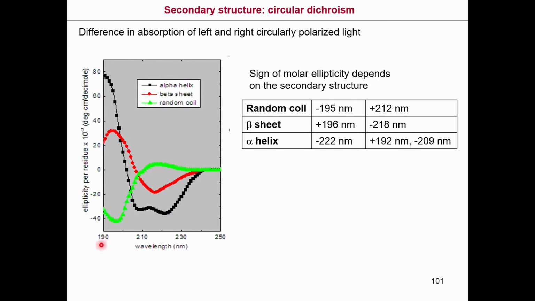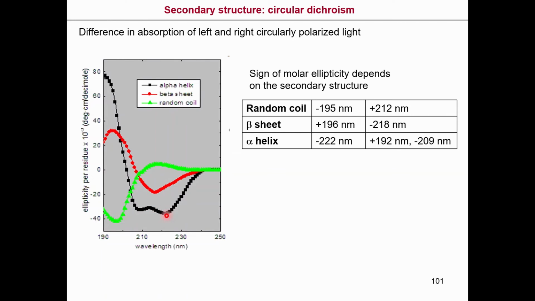So between 180 and 250 nanometer, and depending on the secondary structure, you will have several spectra. So it's typical, okay? For example, for the alpha helix, you have the black spectra. You always have two minima in the alpha helix. That's the way to recognize an alpha helix.